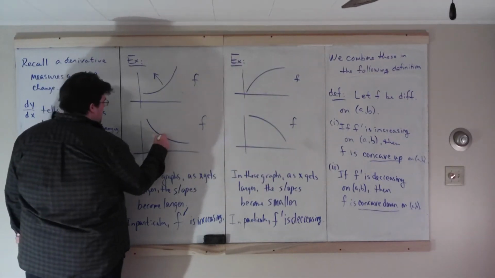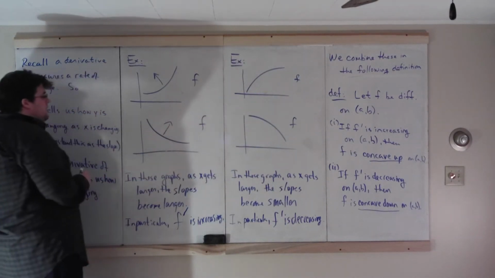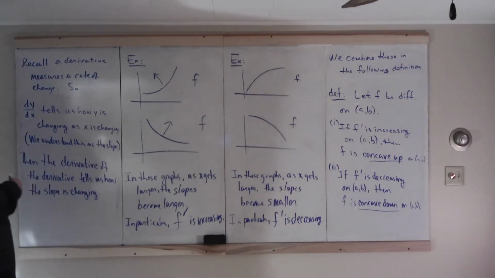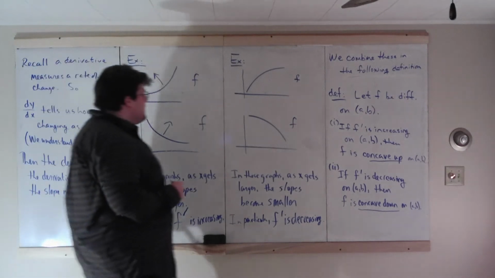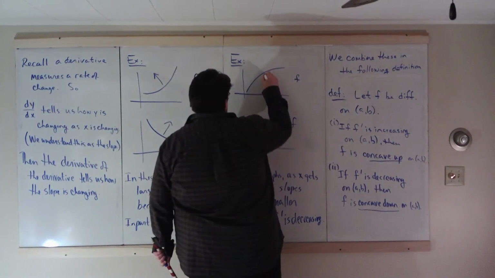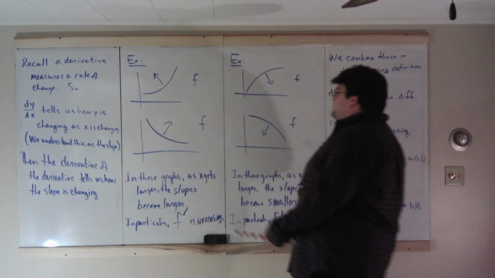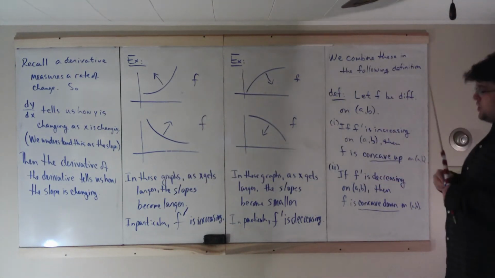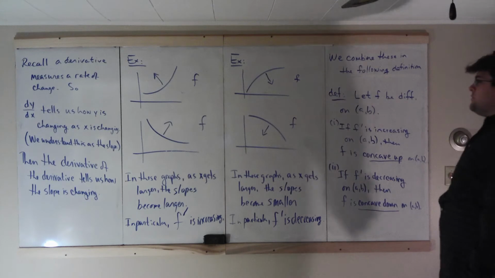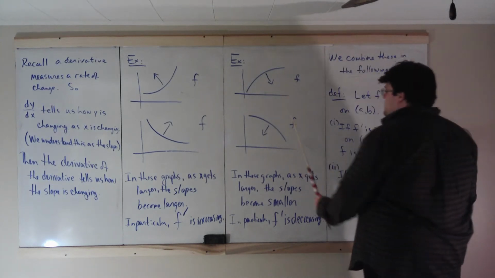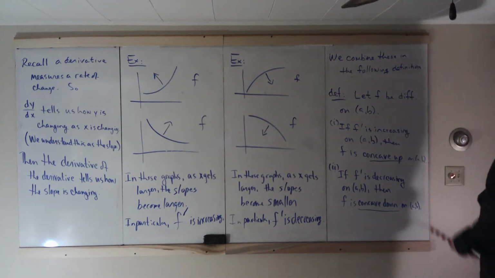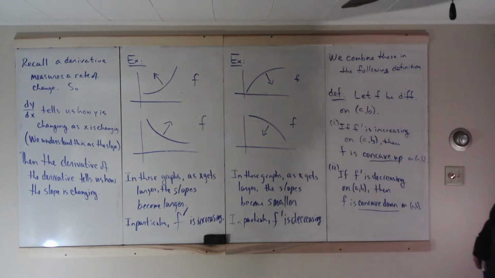And I commonly will draw an arrow going away from the caved-in portion like that, because I think it makes it even more clear. In those first two, the caved-in portion is pointing in the upward direction. In these next two, the caved-in portion is pointing in the downward direction.